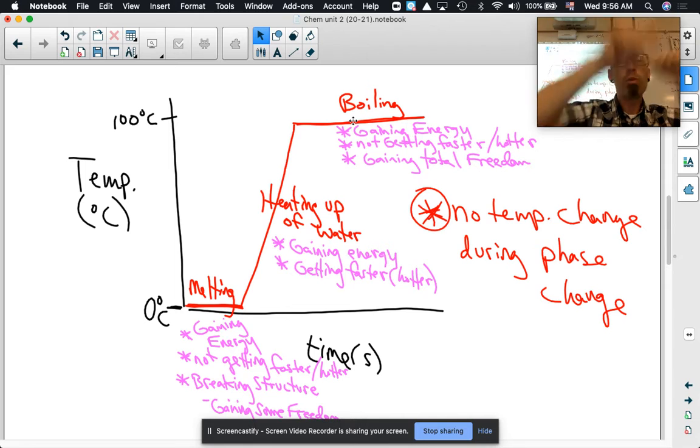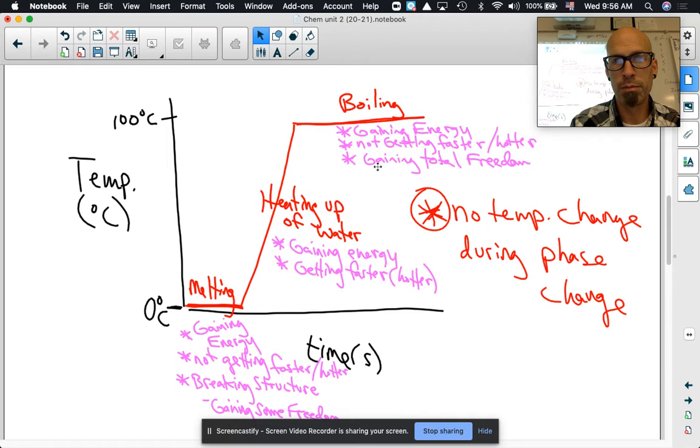They can move around anywhere they want. Total freedom. That costs something, and it costs a bunch of energy. They didn't get faster. They got total freedom. And of course, in the middle here, that's when the energy that they're gaining is making them faster. That's during the heat up, not a phase change.